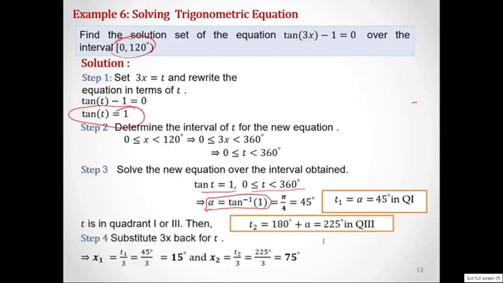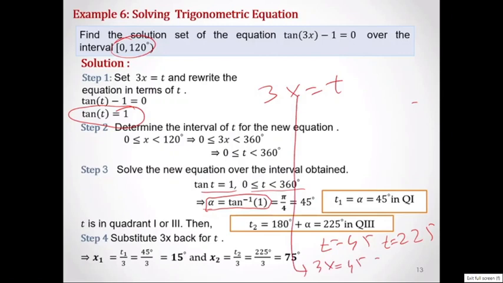Now t we know is 45 or 225. What is t? 3x is t. So now 3x is 45 or 3x is equal to 225. So x is what? 15 and x is what? 75.